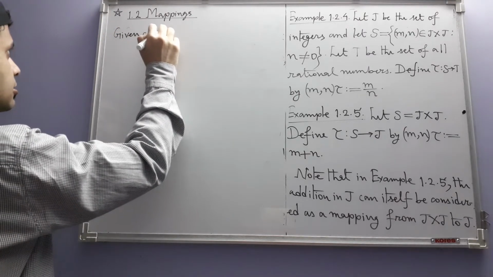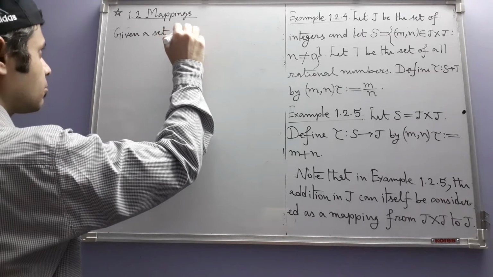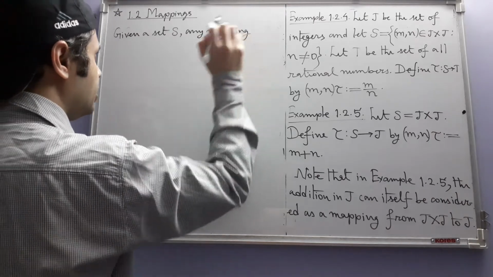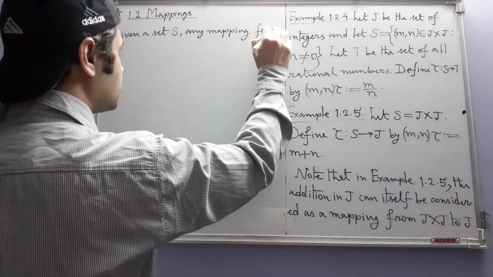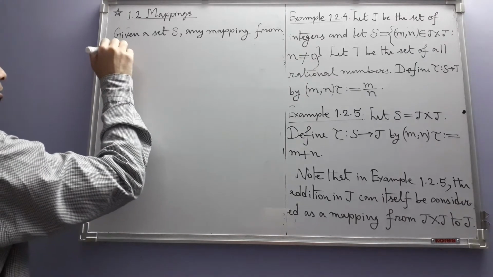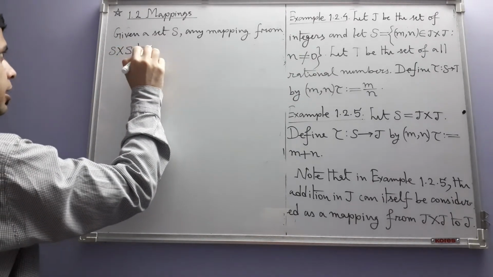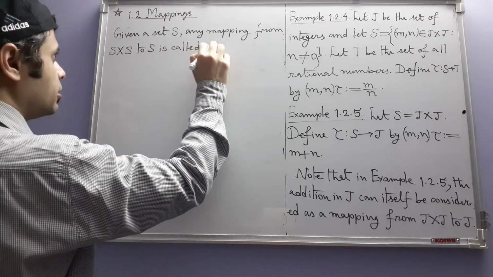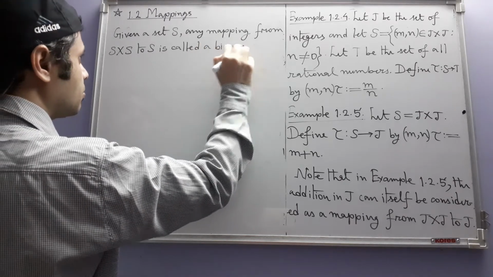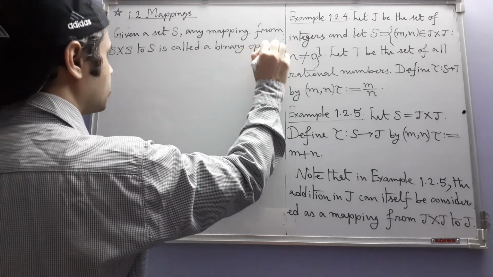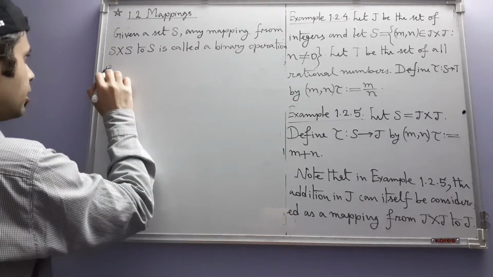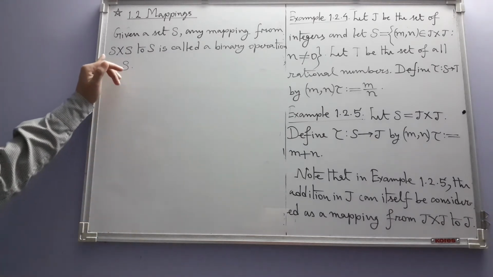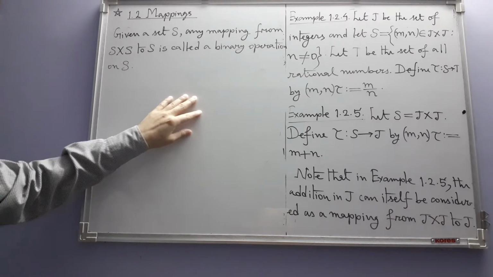Given a set S, any mapping from S cross S to S is called a binary operation on S. Binary because there are two S's involved, and as such there will be two elements involved in the operation.